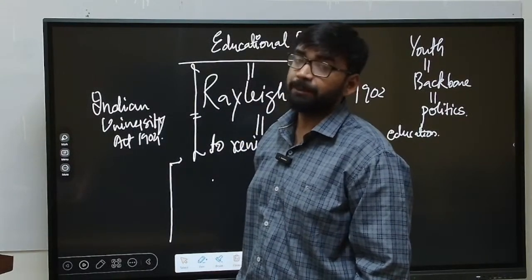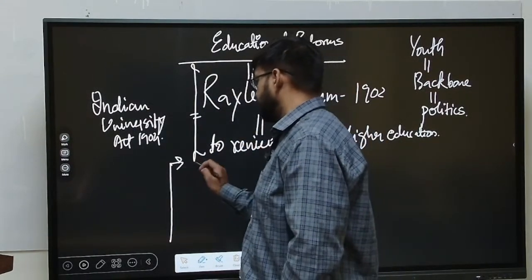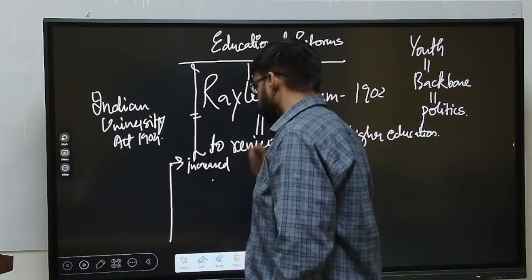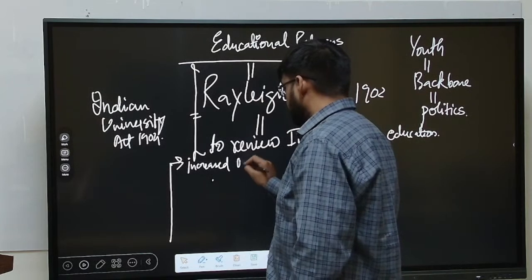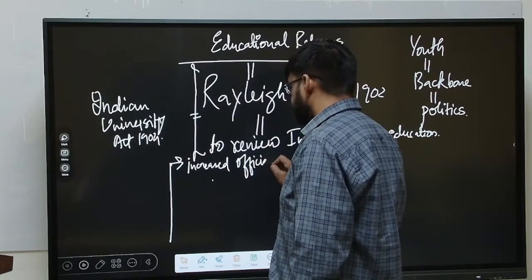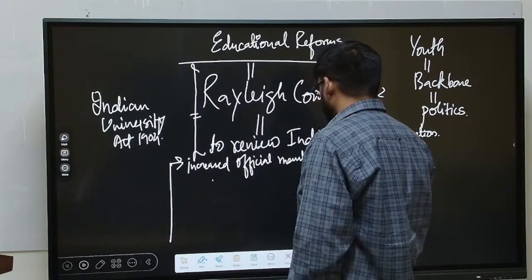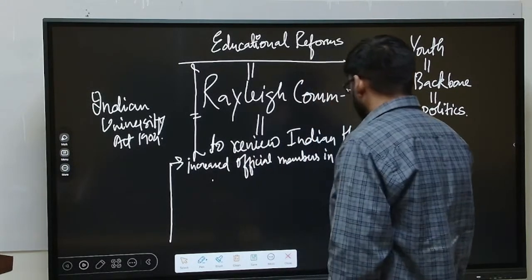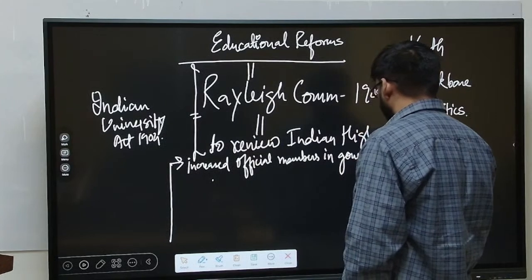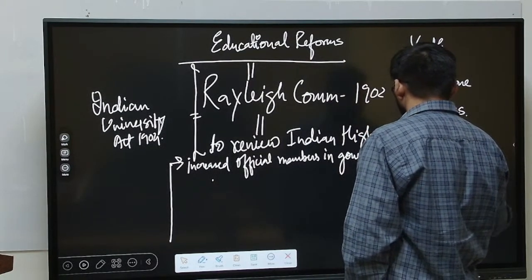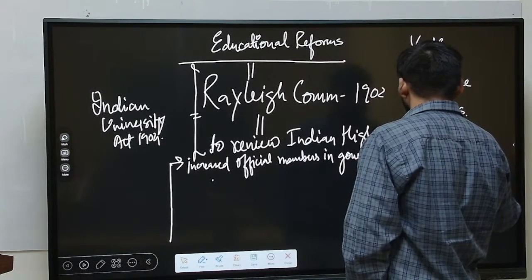What Curzon did, first he increased official members, official means government members, in the governing council of the university.